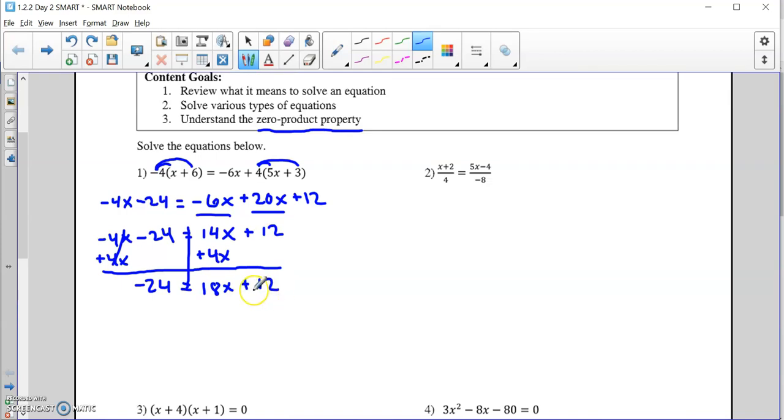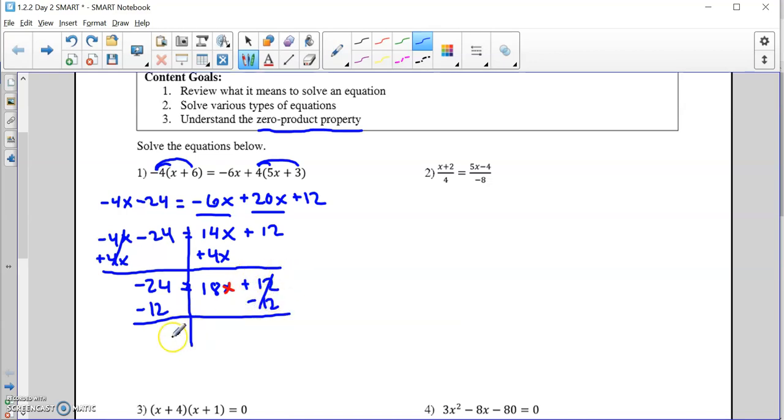And next, we can go ahead and start to move things away with the end goal of getting x by itself, right? X needs to be alone, x does not like people. So we're going to go ahead and subtract a 12 from both sides, and we can extend this line so that we don't accidentally mix up the two sides. And again, I subtracted it because it was originally positive.